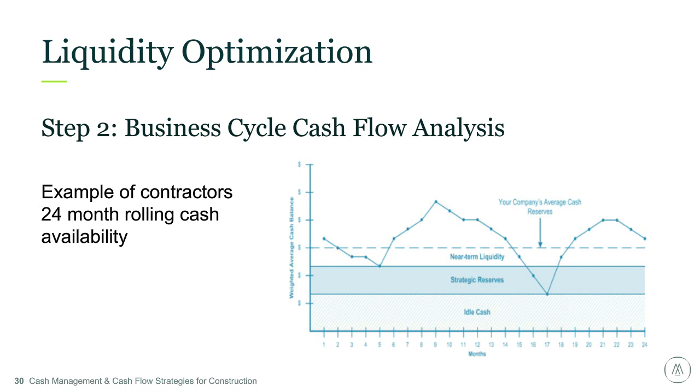So starting with near-term liquidity, you're likely dipping into this more frequently throughout that cycle. Second bucket would be strategic reserves. Maybe you dip in here once or twice throughout that cycle. And then third, and I think this is where the opportunity really comes, is that idle cash. And this is just cash that remains in cash for that economic cycle.